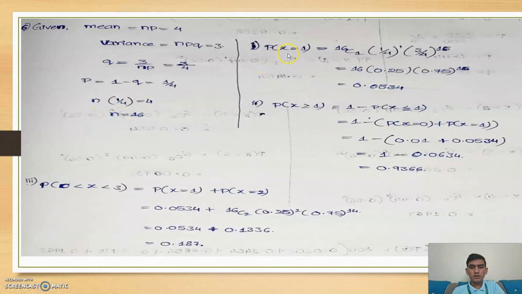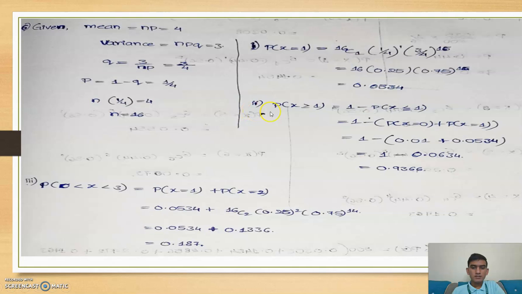Now P of x is equal to 1. We will substitute the values in the formula nCr q to the power of n minus r p to the power of r. So it is equal to 16 into 0.25 into 0.75 whole to the power of 15, which is equal to 0.0534.